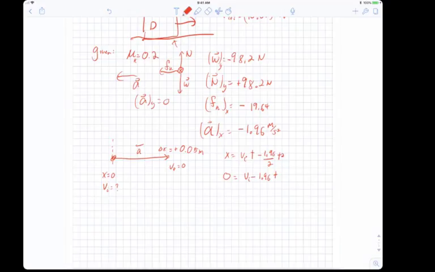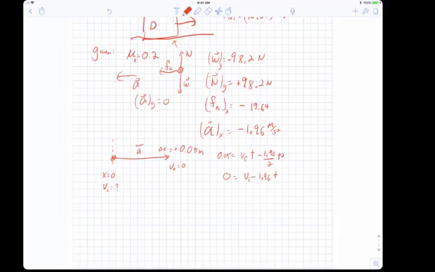So your final position is 0.05, and now we can solve this for vi.